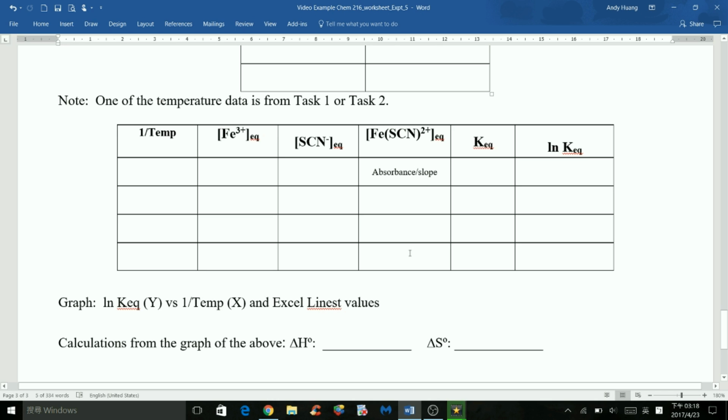Using those values, you should be able to find the equilibrium concentration of iron 3 plus and the equilibrium concentration of thiocyanate.